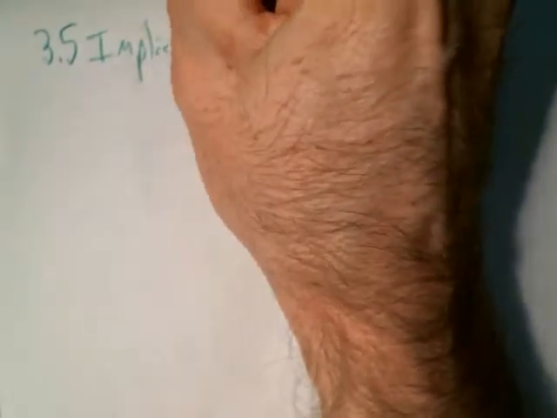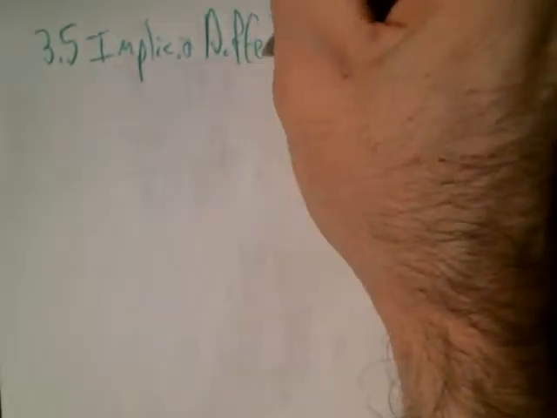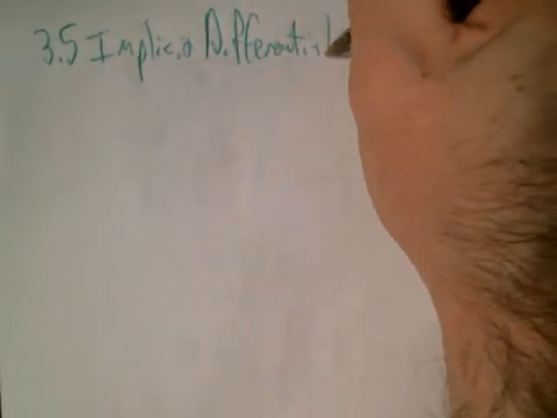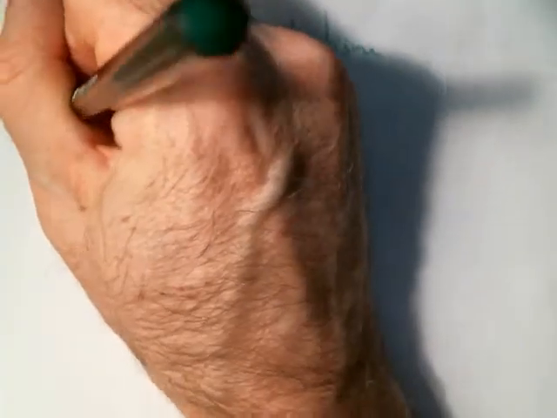3.5, implicit differentiation. Okay, first off, what does implicit mean versus explicit?